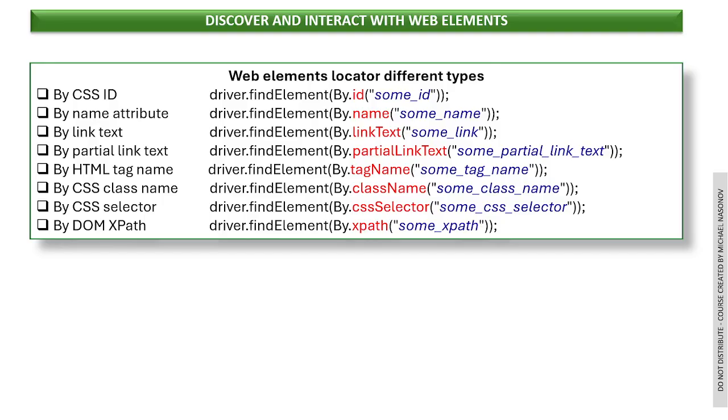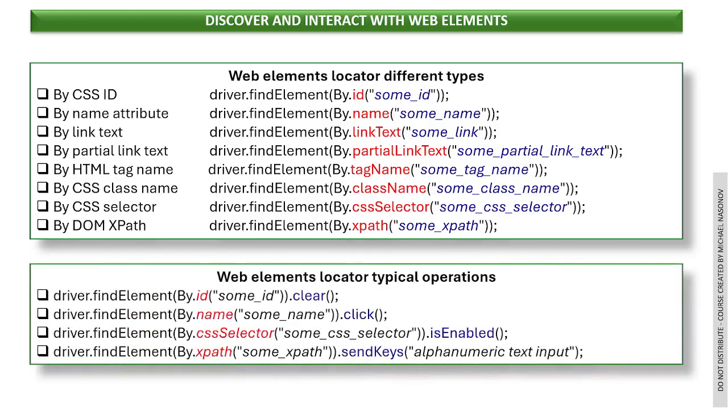By HTML tag name, by tag name, CSS class name, as you can see, as class name, then two popular ones, CSS selector and document object model XPath. For example, saying in advance, Playwright and Cypress actively work with CSS selectors.